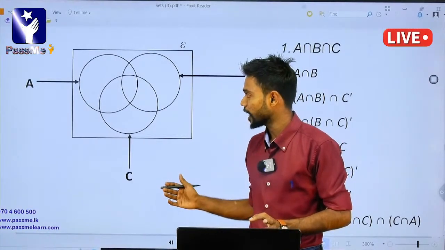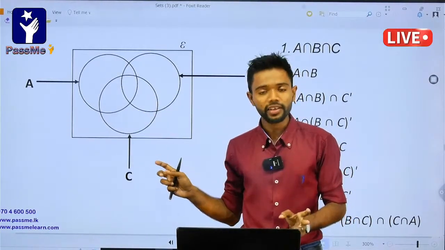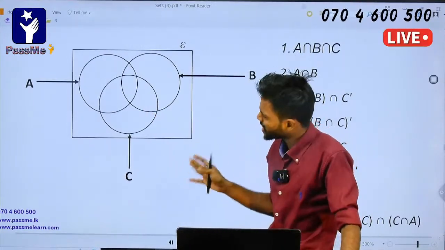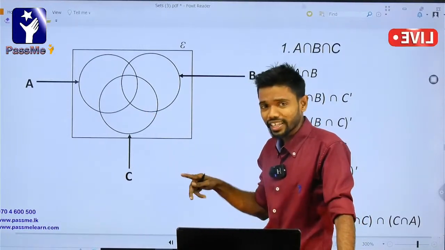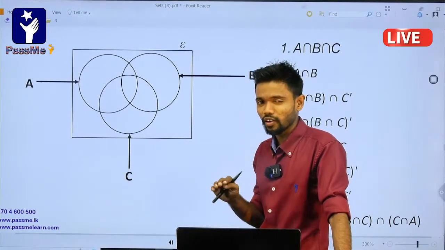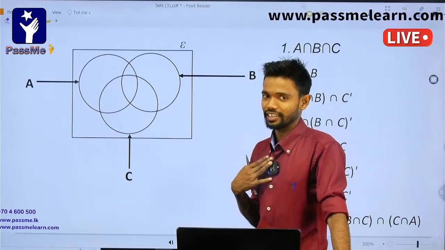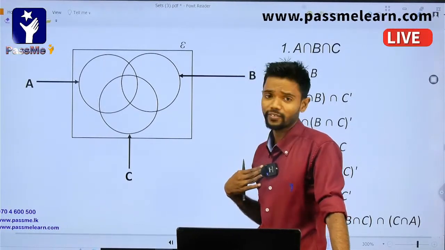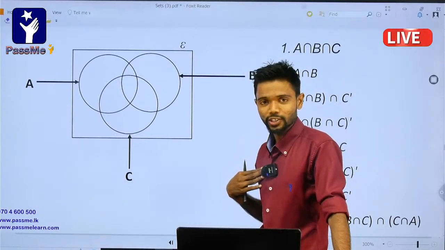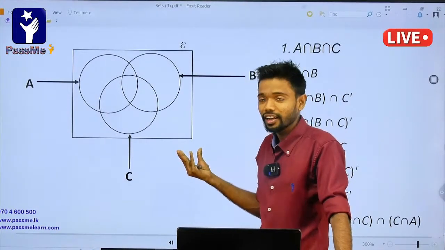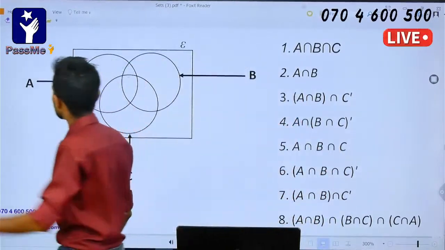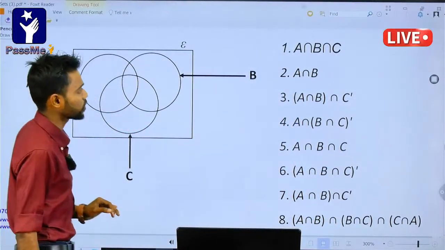If there are 3 circles, it seems complicated, but the method that I gave you last time is the most powerful tool that I ever had. So I will use that technique today also to shade the region where there are 3 circles.